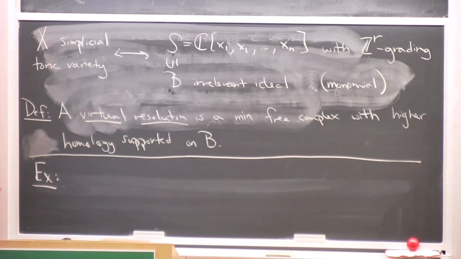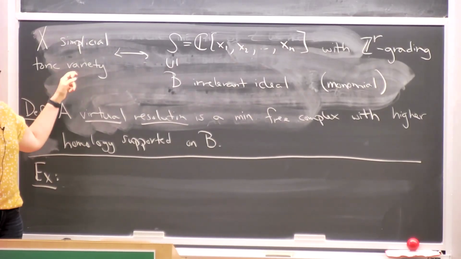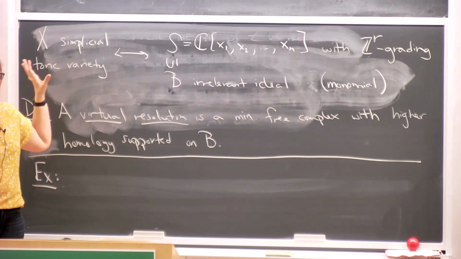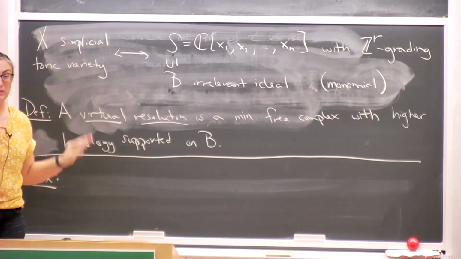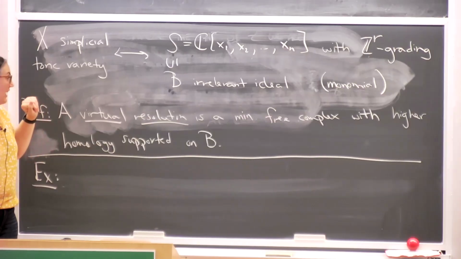We would like to be able to do that in other settings. Today we're really going to focus on products of projective spaces, which fall into this world. They're kind of the next step past projective space to dip our toes into the water here.